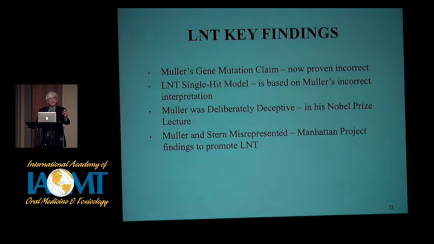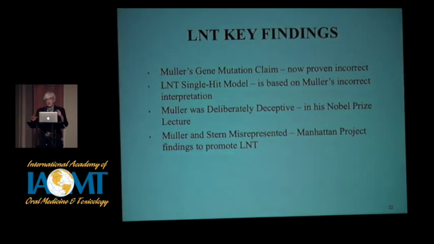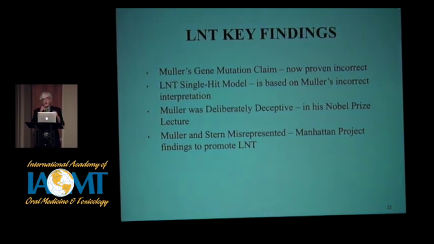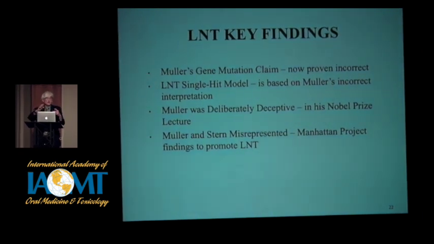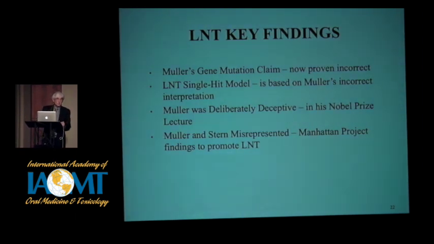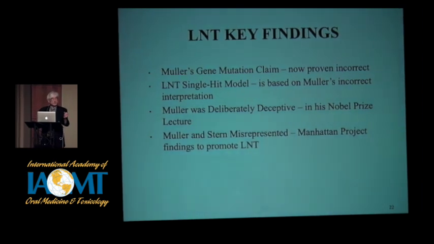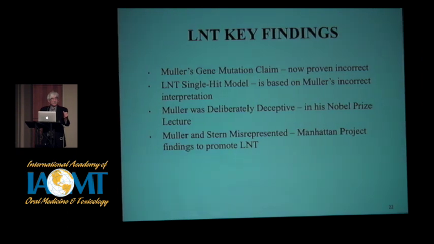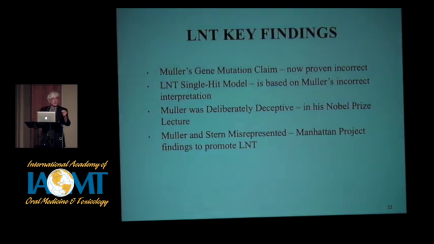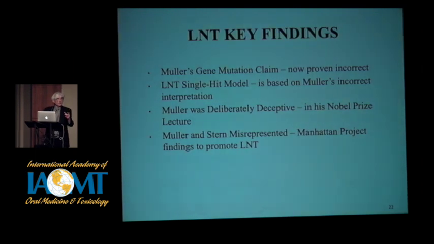He actually induced profound chromosomal rearrangements, and he got the Nobel Prize for essentially findings that he did not actually demonstrate. And yet it was the claim that he had gene mutation that was used to build the linear no threshold dose response model. If you didn't make that claim for gene mutation, you couldn't have built that model.